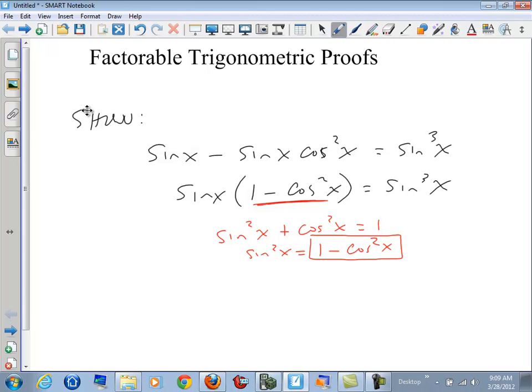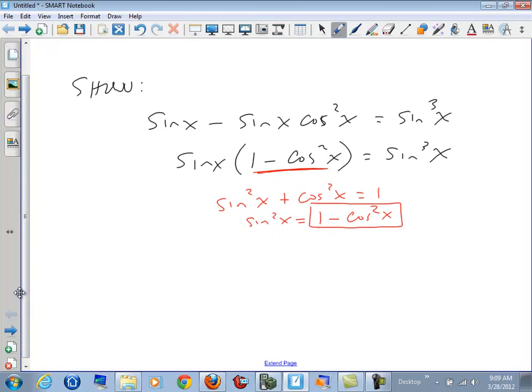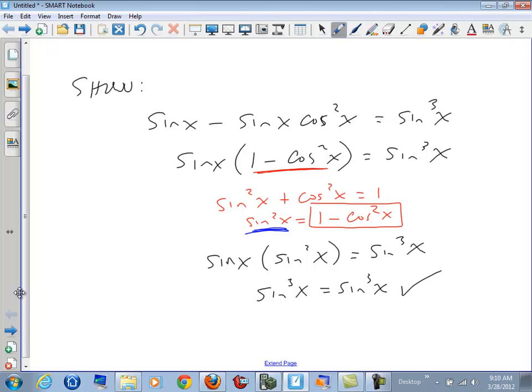And so now I can substitute sine squared for the set of parentheses. So I have sine of x times sine squared of x equals sine cubed of x. And of course, sine squared times sine is sine cubed. So that completes our trig proof.